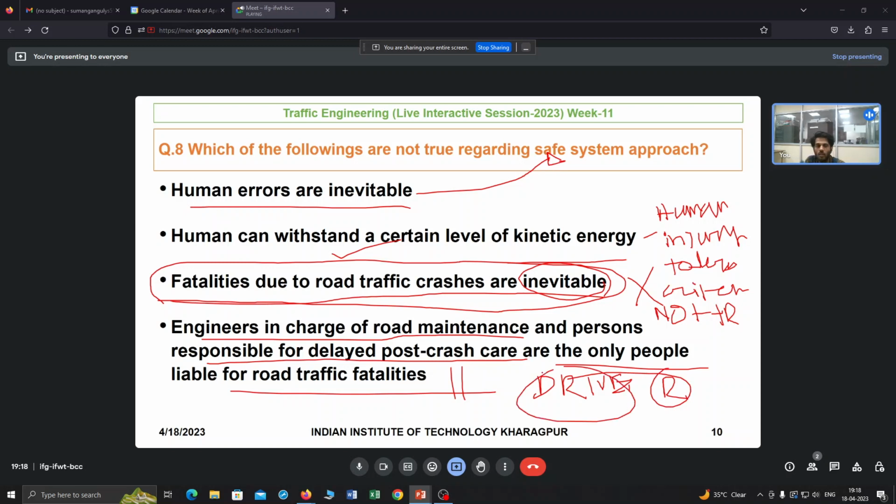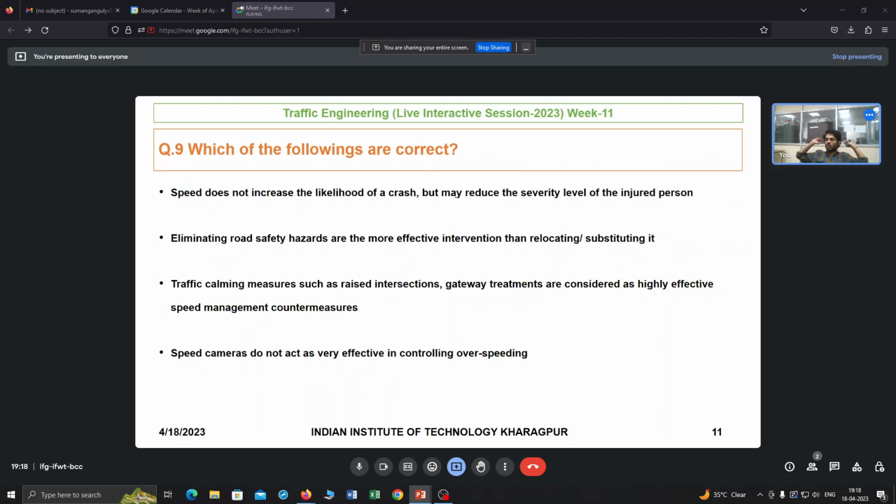So there are many people who are responsible. So this is also not true. So the not true statements are C and D, and A and B are true. So do you have anything to ask till that point?